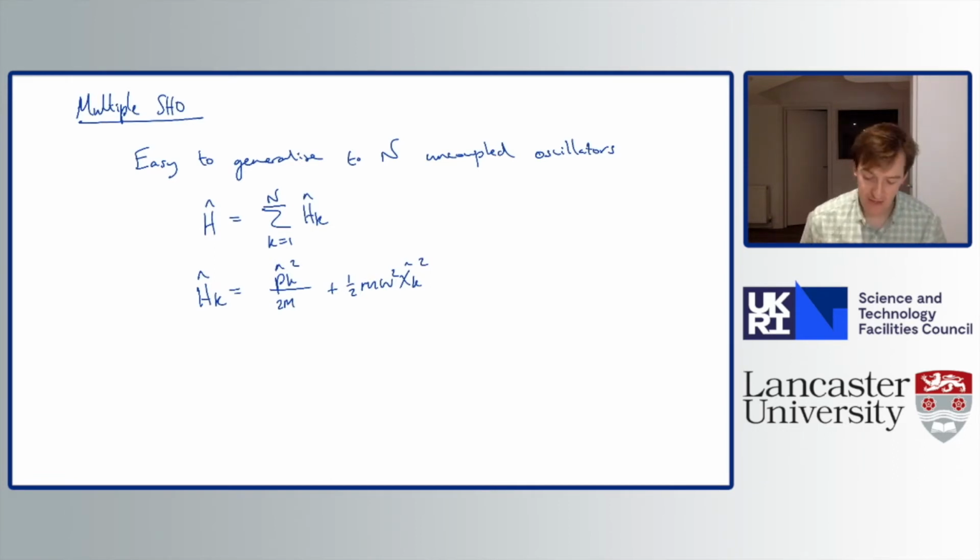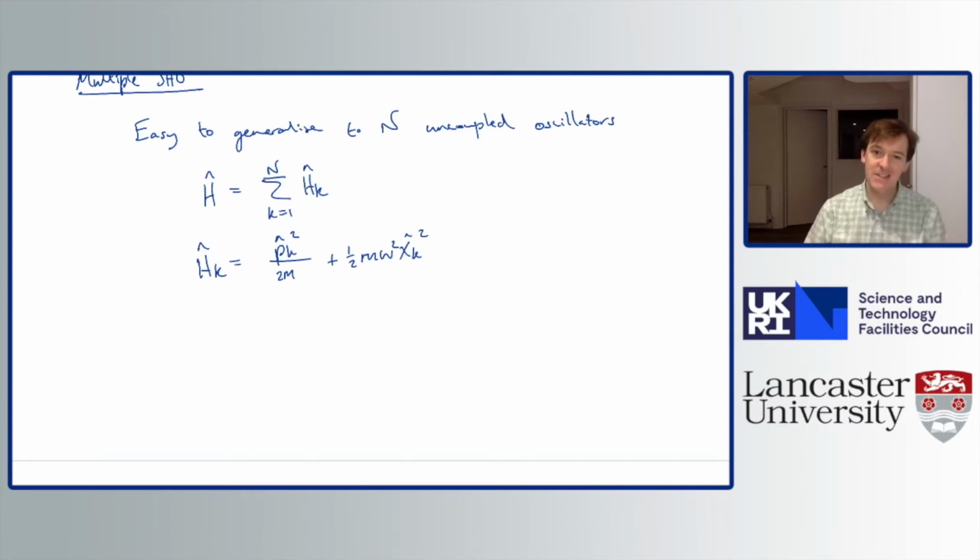We've just written down the sum of n uncoupled Hamiltonians. Now we can go through the same story and introduce creation and annihilation operators. Call them a dagger and a for the creation and annihilation operators, and now we just put a subscript k on them to indicate that these creation and annihilation operators only act on the kth oscillator.